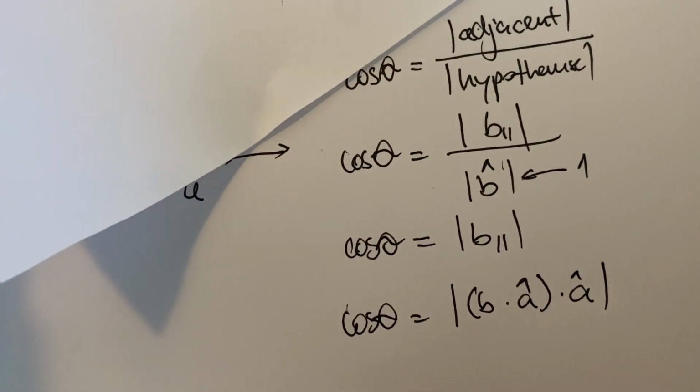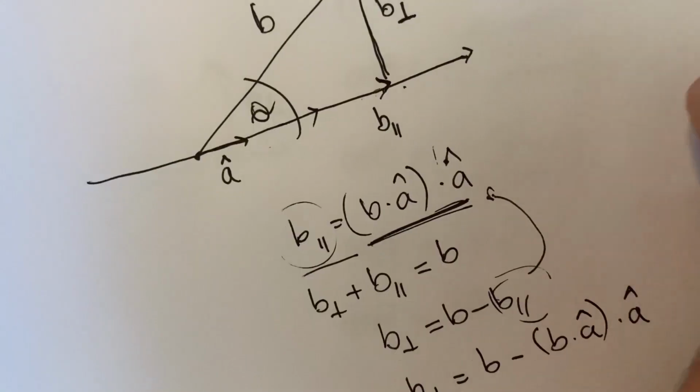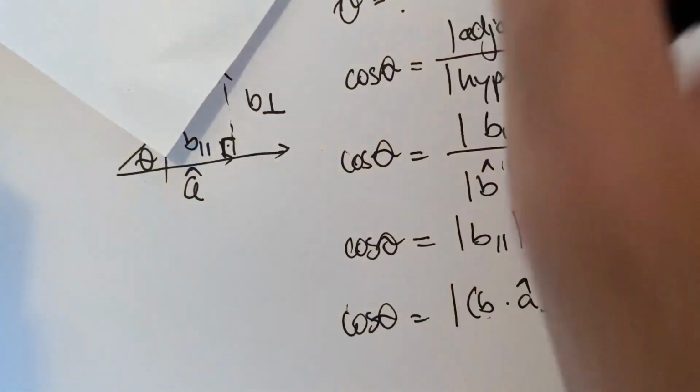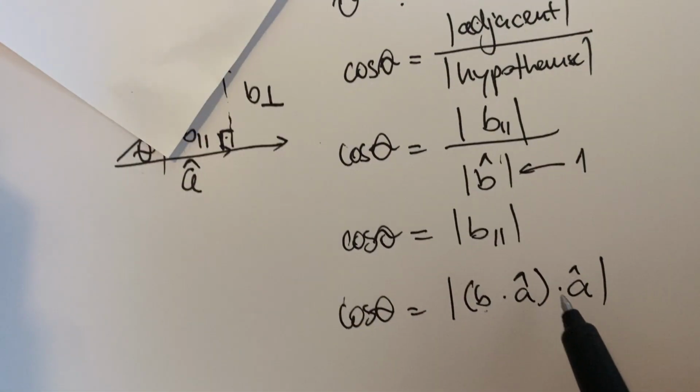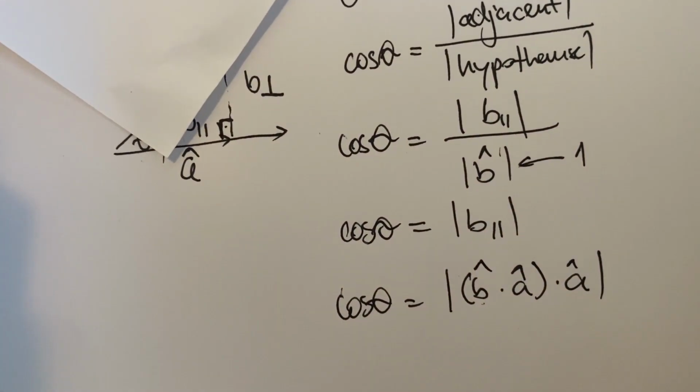But there is one important thing that we need to keep in mind. In our example, b was not a unit vector. It was just a regular vector with a magnitude. So what do we do here? Well, this is actually a unit vector.